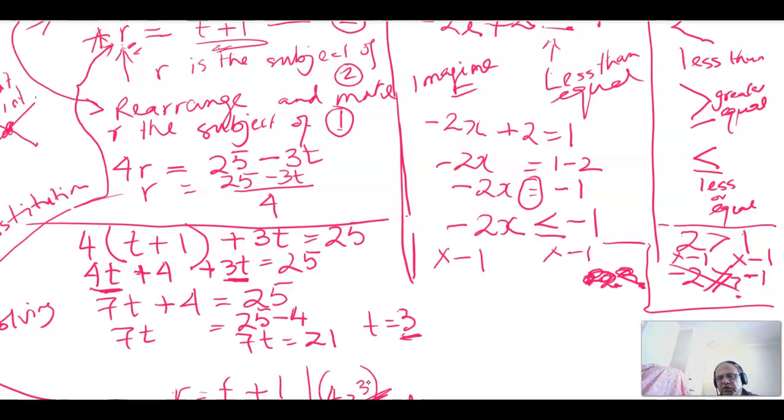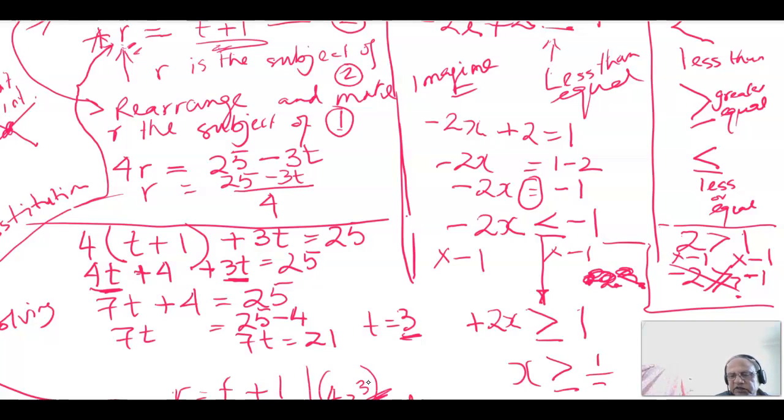But the moment you times it by negative 1, it'll be positive 2x, and you got to reverse that sign to greater than or equal to 1. So x is greater than or equal to 1 over 2. x is greater than or equal to 0.5.